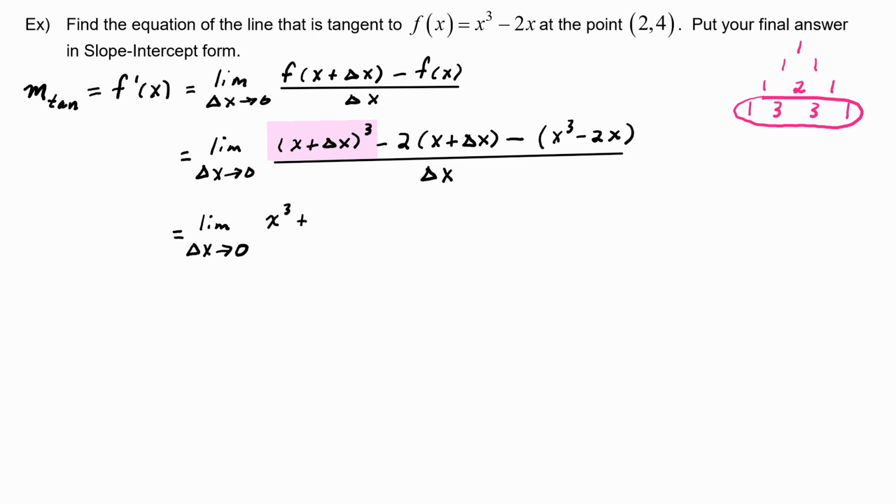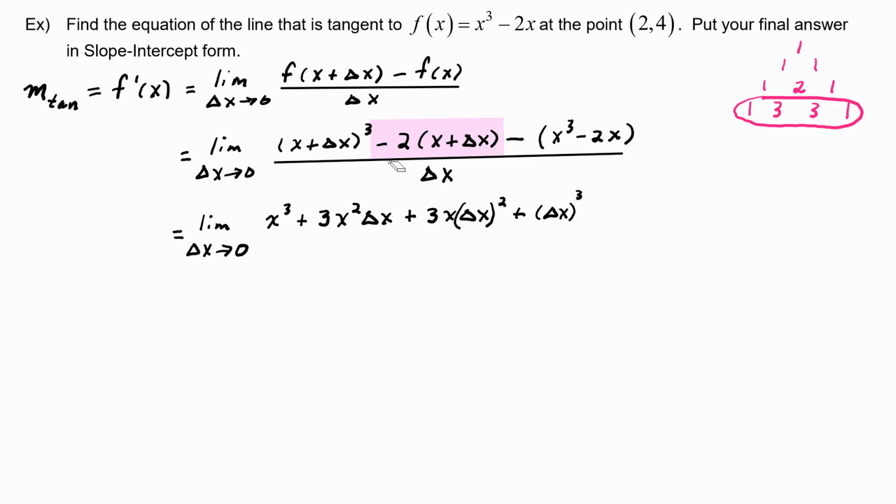plus the coefficient of the second term is 3. So 3x squared delta x plus the coefficient of the third term is also 3. So 3x delta x squared plus the coefficient of the fourth term is 1, so that will be delta x cubed.